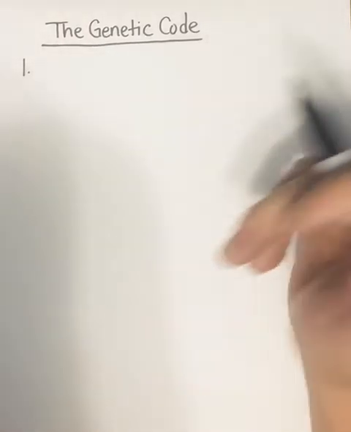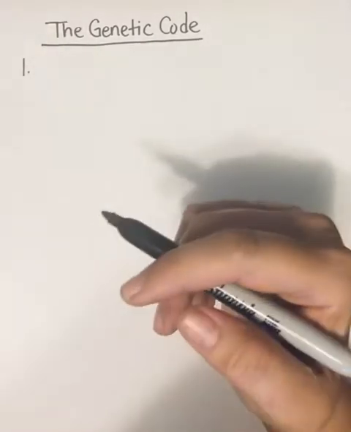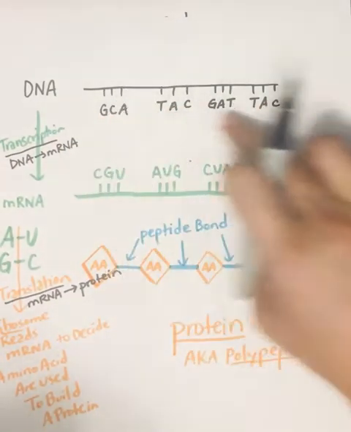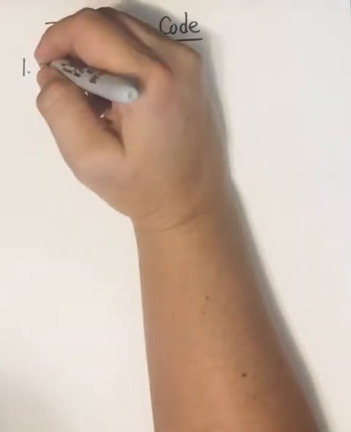So the very first thing that happened when talking about the genetic code is we had to figure out how to read our DNA. So when we look at DNA, we had to crack this code. So we had to decipher it.